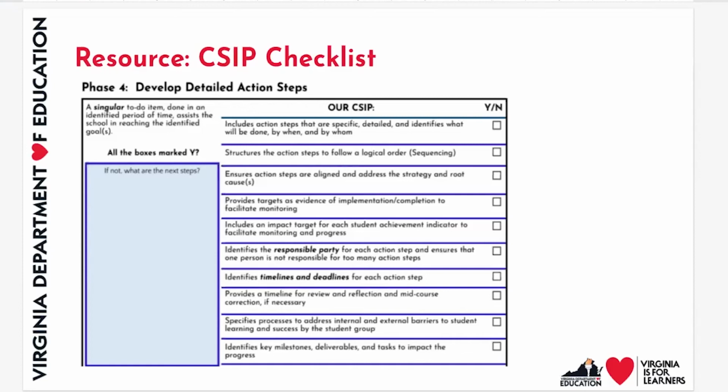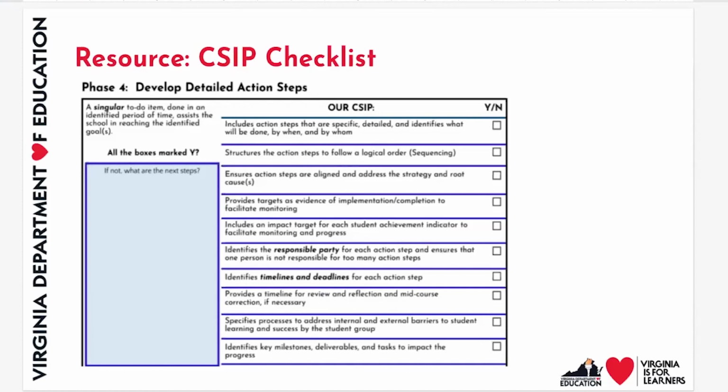Are my action steps in a logical order, right? Did I include the responsible person? Does my CSIP include timelines and deadlines for each action step? So it's just a way to check off, yep, you've got these 4 components within your CSIP. Okay, so that'll be another resource we'll provide that you might find helpful. You don't have to use these resources. They're just available for those who would like.